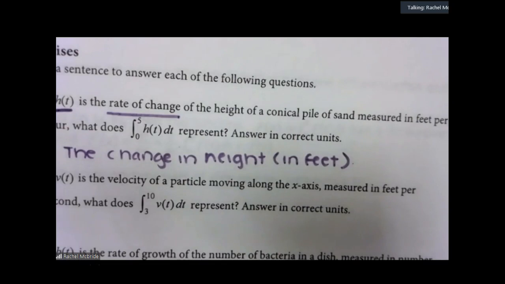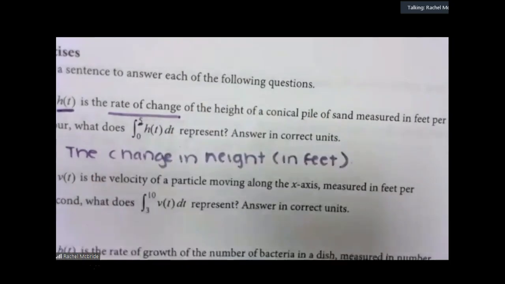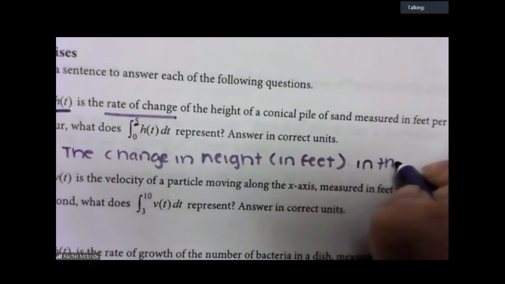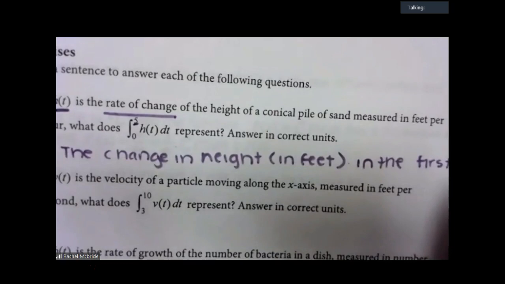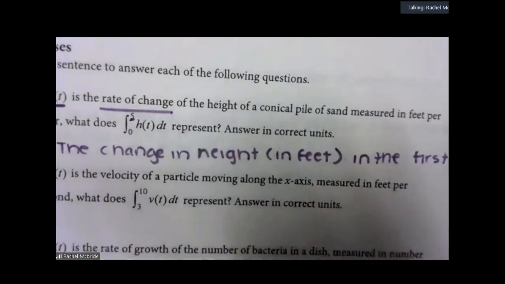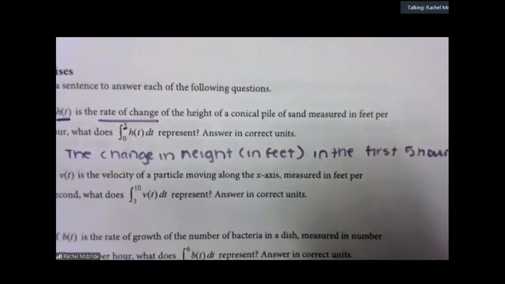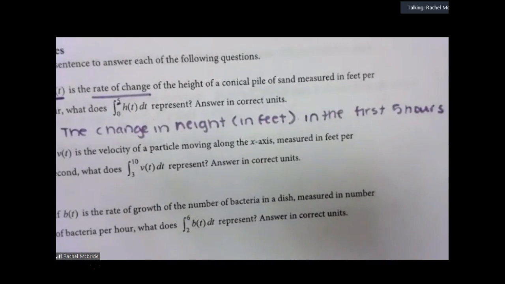In 2 hours? In 10 hours? In the first 5 hours, because it starts at 0 and goes to 5. So even though my answer is in feet, the answer comes from the first 5 hours.